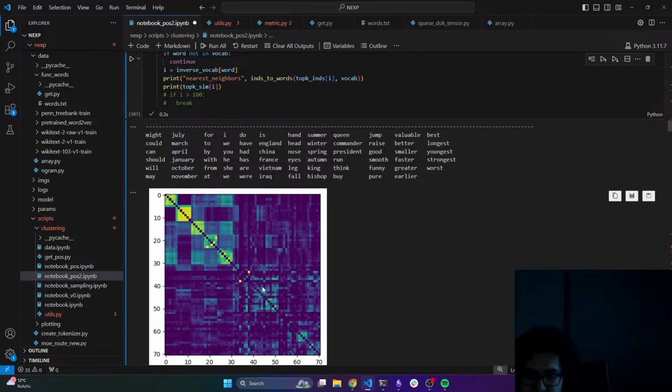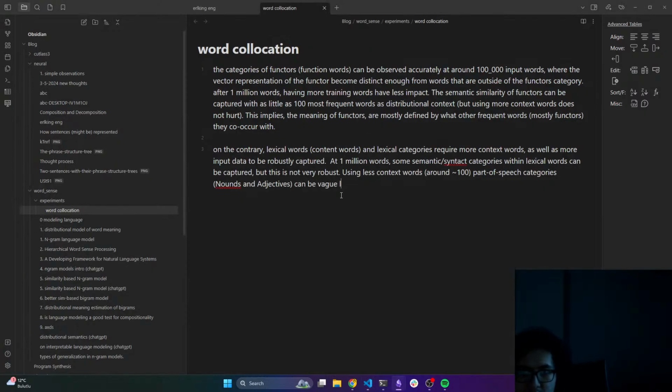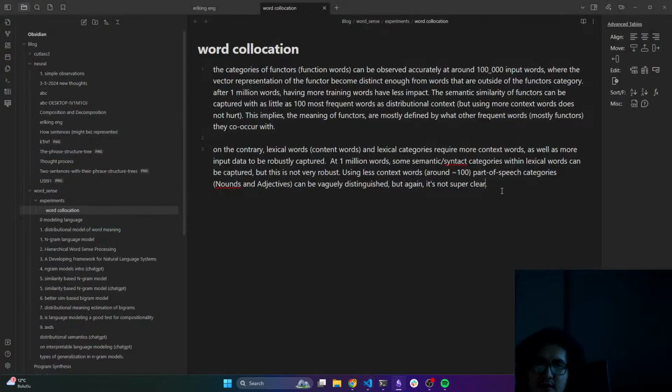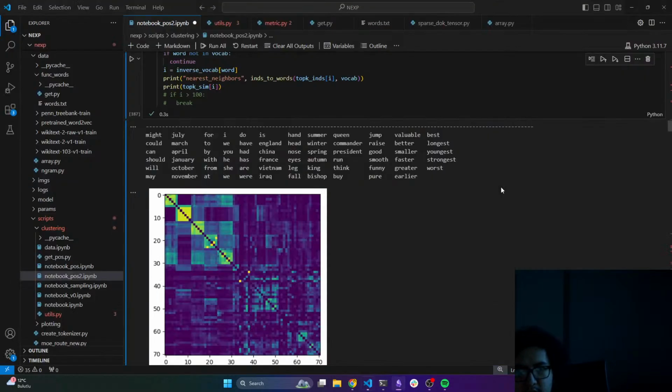Not so much verbs, but nouns and adjectives can be vaguely distinguished, but it is not very clear. You can see these nouns somewhat form a cluster, the adjectives somewhat, but then again it is very noisy.